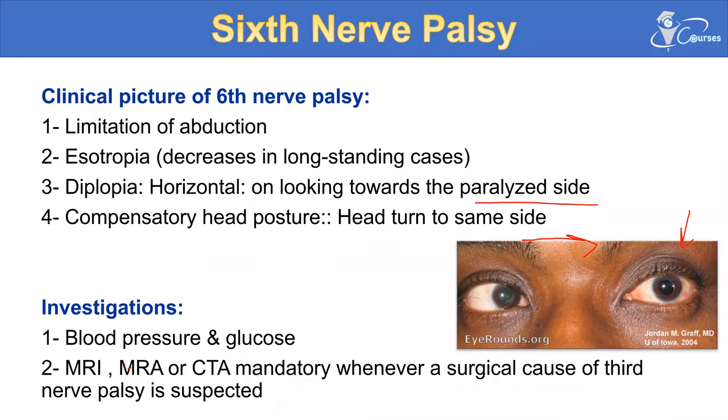And I told you at the time that this is a false localizing sign, that the sixth nerve is stretched over the sharp petrous bone, resulting in its damage in case of increased intracranial pressure. So don't forget that with sixth nerve palsy, you should always exclude increased intracranial tension.